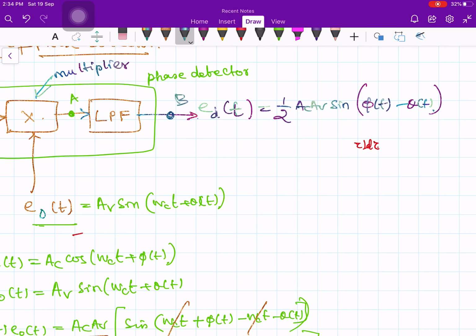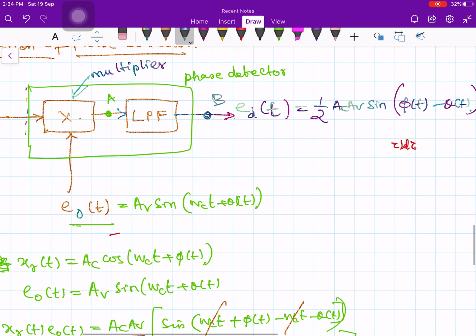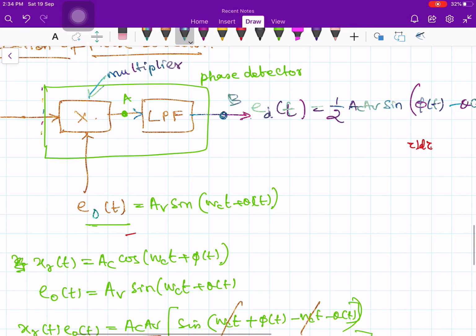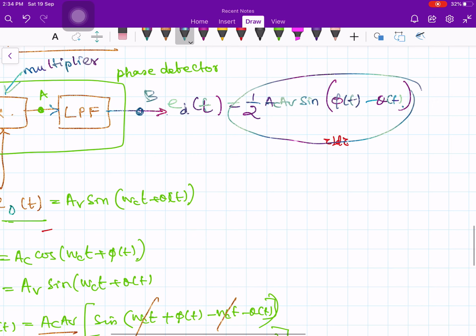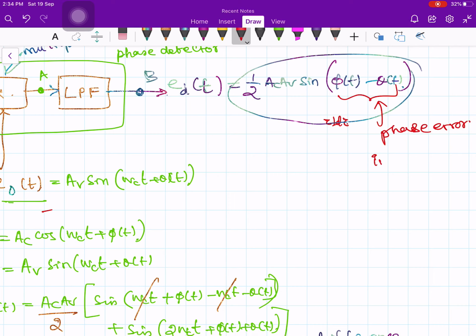Okay, so this combination of a multiplier followed by a low pass filter will produce this output, 1 by 2 A_c A_v sine of phi of t minus theta of t. And as you can see, this output e_d of t is a function of the phase error. So phi of t minus theta of t is called what? Phase error, or you can call it instantaneous phase error.